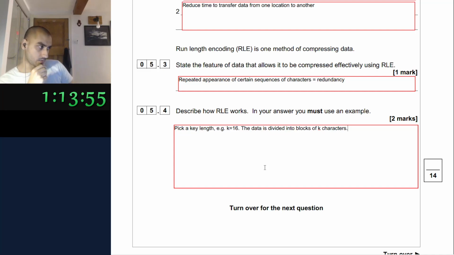Run length encoding. Could a run be where you have the same character multiple times? No. I have no idea what run length encoding is.